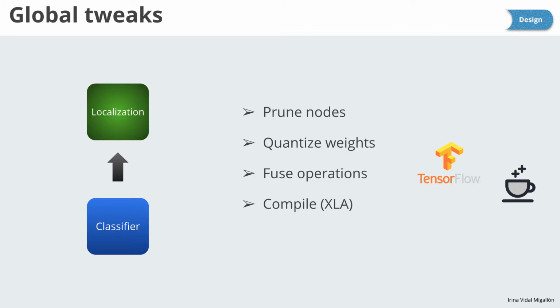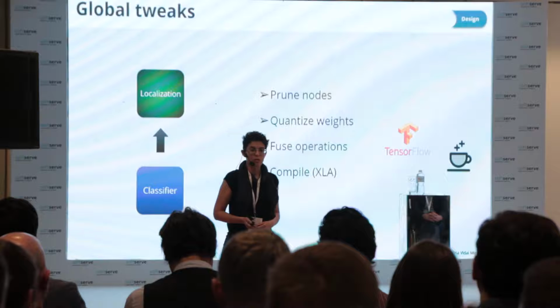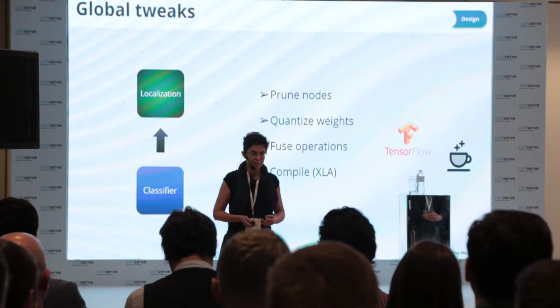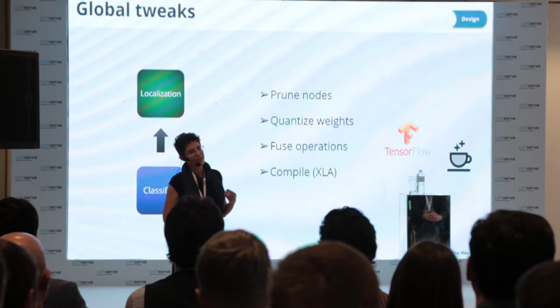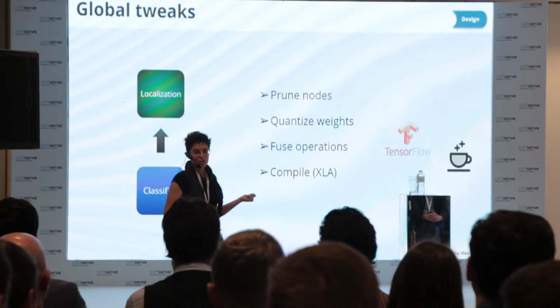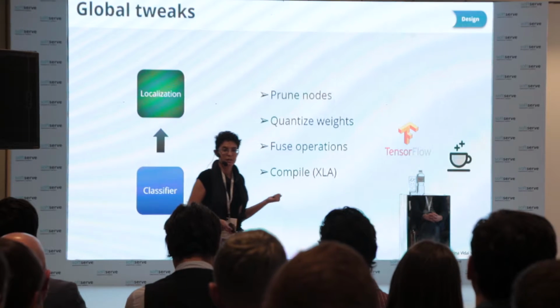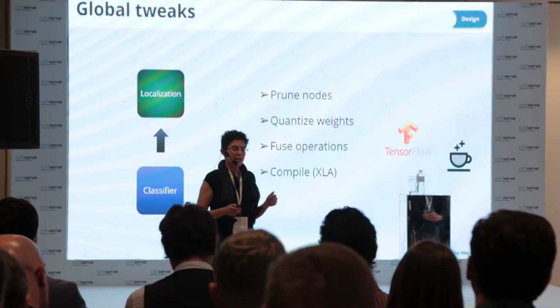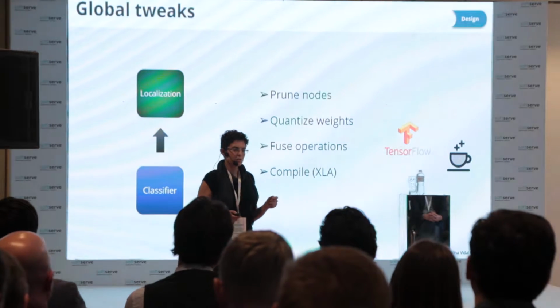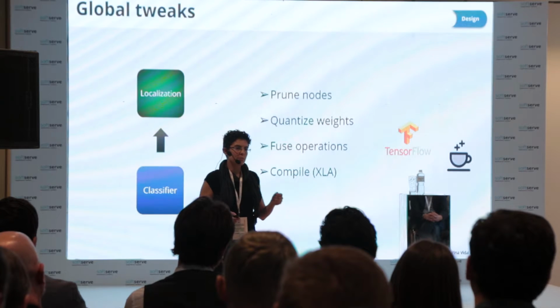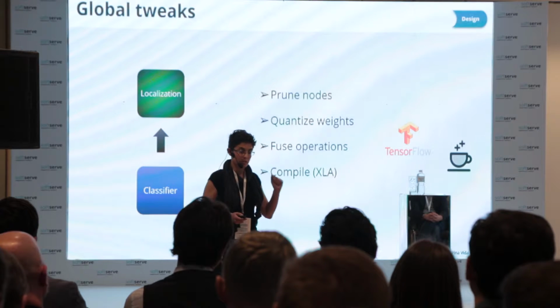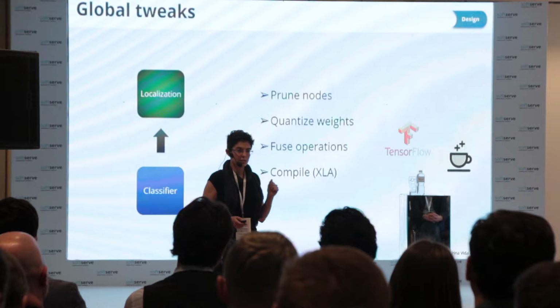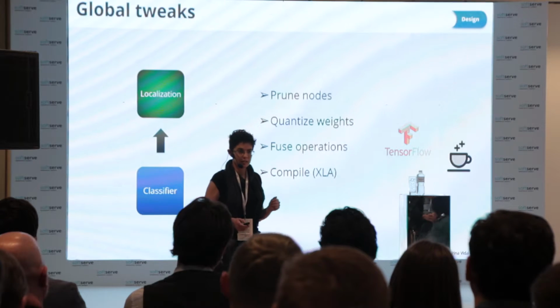Luckily, a number of those steps are already available out of the box from TensorFlow or Caffe 2. And if you need to squeeze that extra performance, you can always turn to, for instance, TensorFlow's XLA. But to be honest, at that point, if you need to delve into that, you're probably better off going back to square one and rethinking your whole architecture to make it lighter.